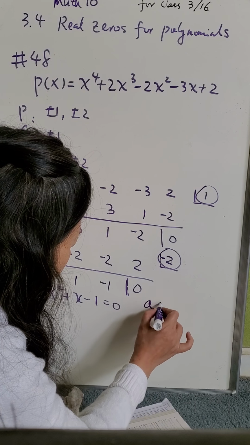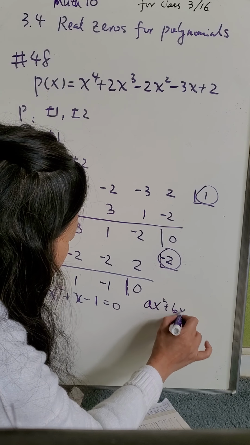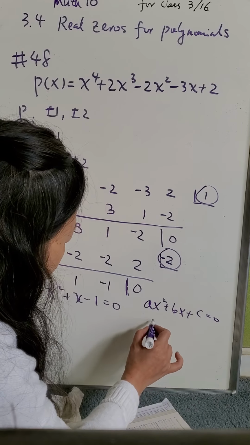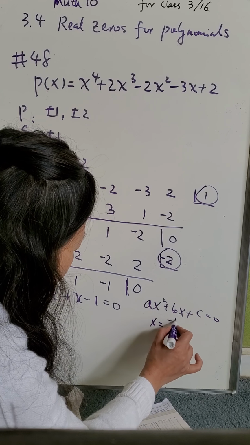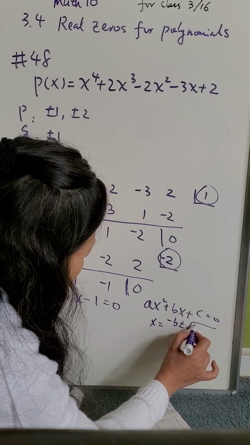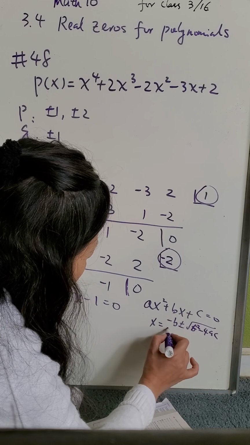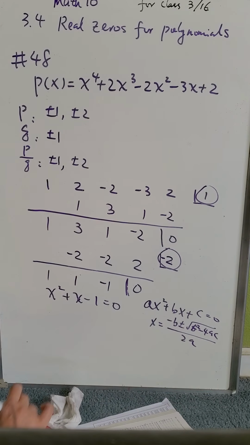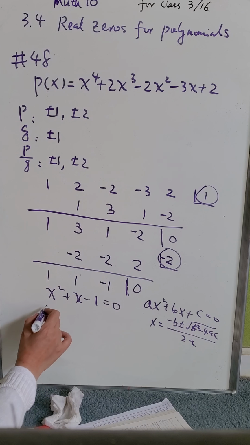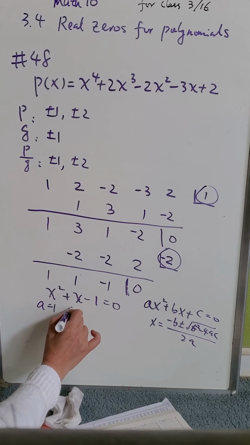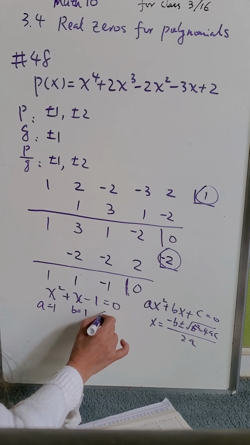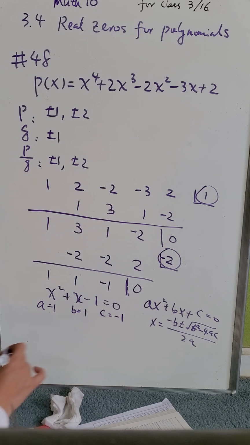Quadratic formula is right here, ax squared plus bx plus c equals 0, okay? x equal negative b plus minus square root of b squared minus 4ac over 2a. So we're going to use this formula. So we go a is equal to 1, b is equal to 1, c is equal to negative 1.